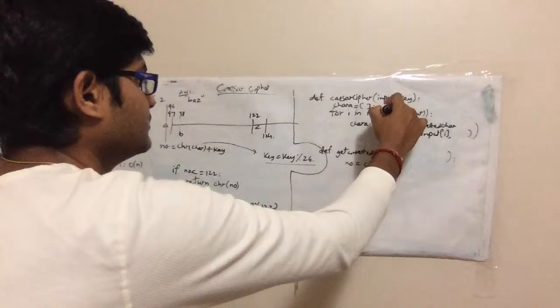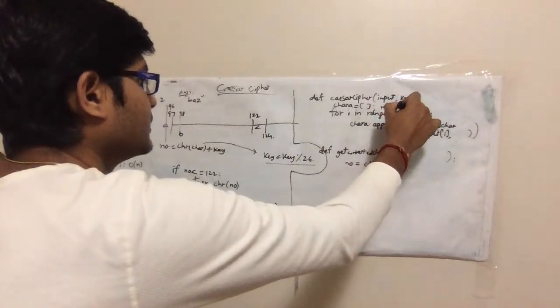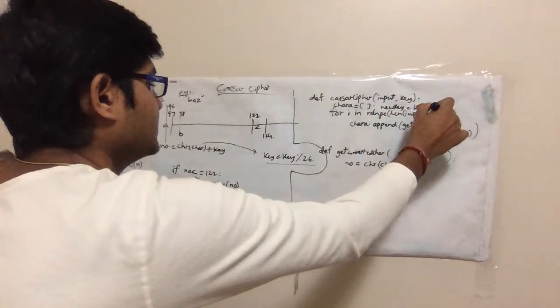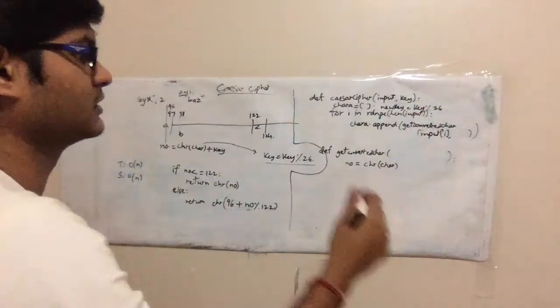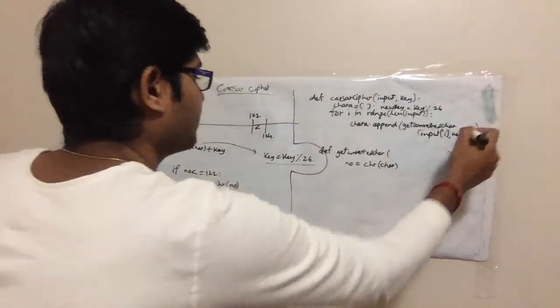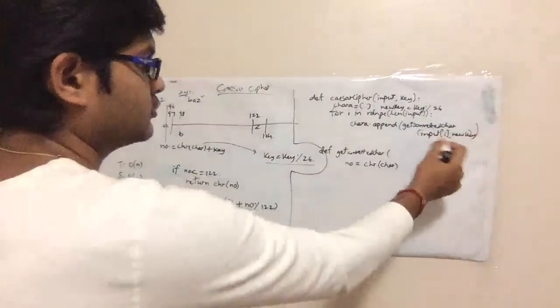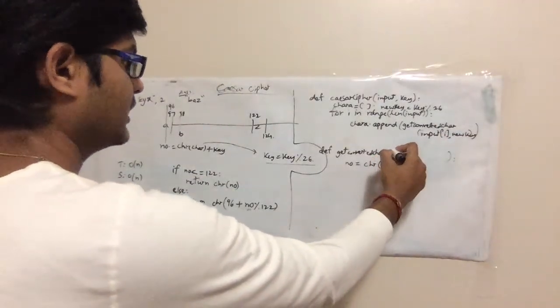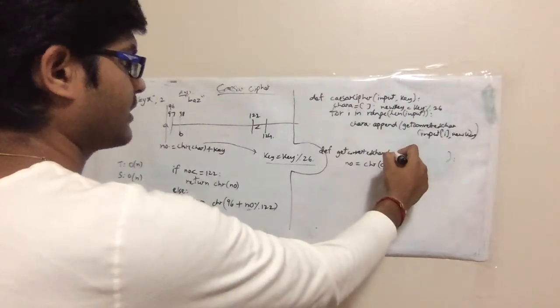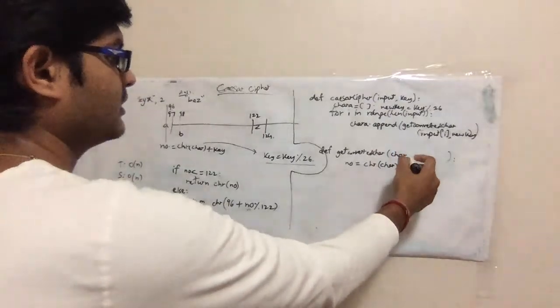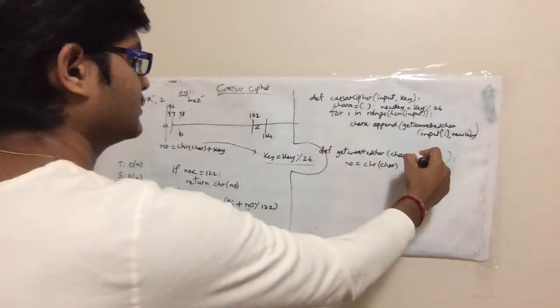So new key is equal to key percentage 26, modulo 26. This is the new key, and there are two arguments being passed to this new function: the character, that is one letter actually, and the new key.